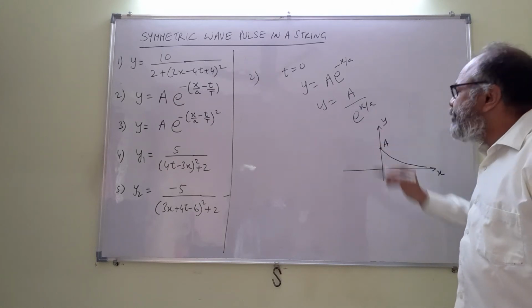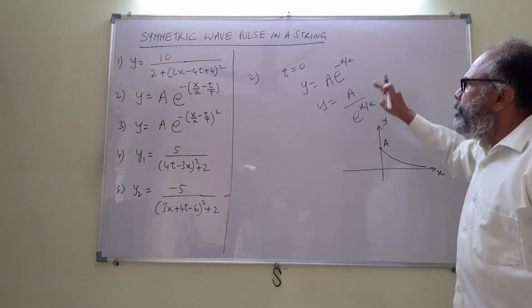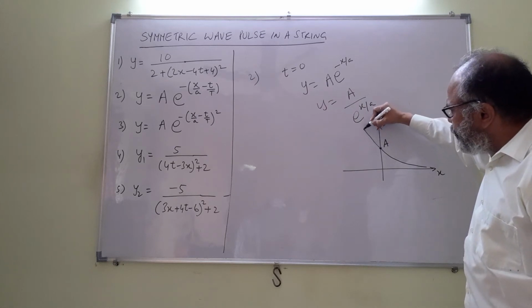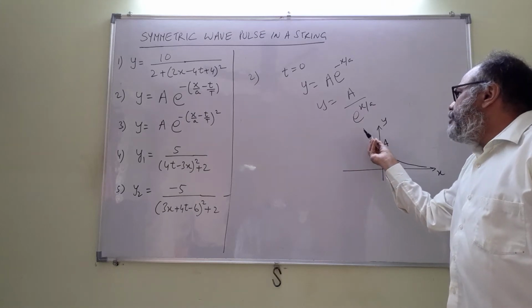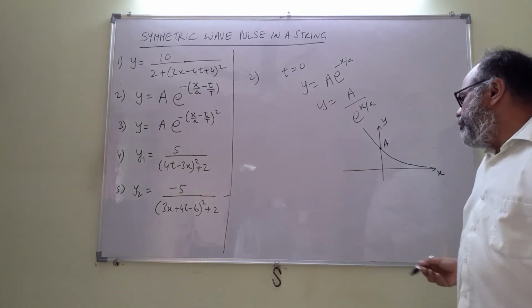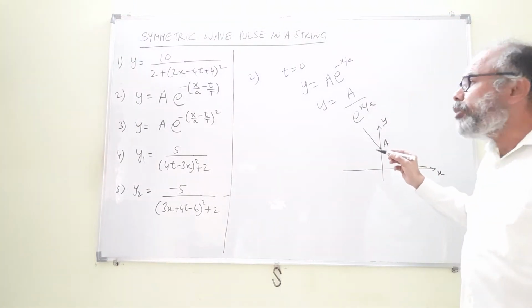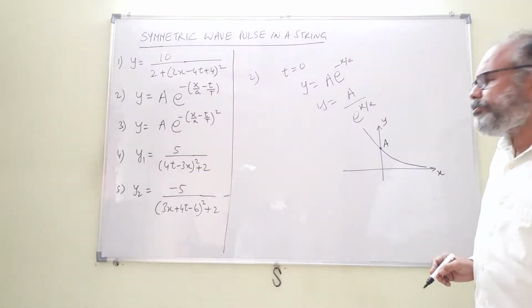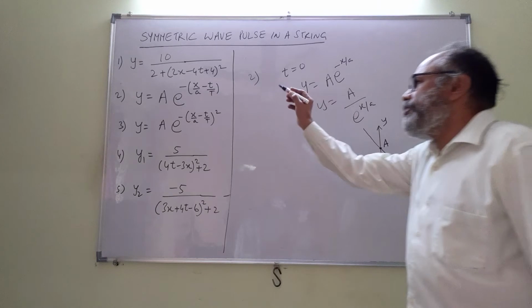Now if x is negative, then y would be more than a, and the graph is going to extend like this, and as x tends to minus infinity, y will tend to plus infinity. So there is no local maxima or minima. Therefore this waveform will be asymmetric. This is a case of asymmetry.